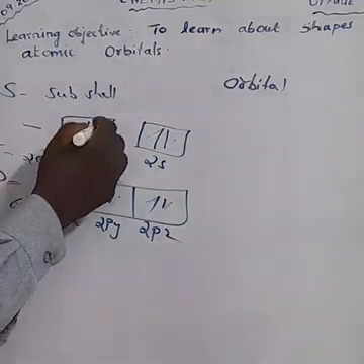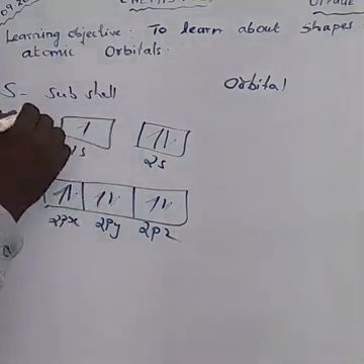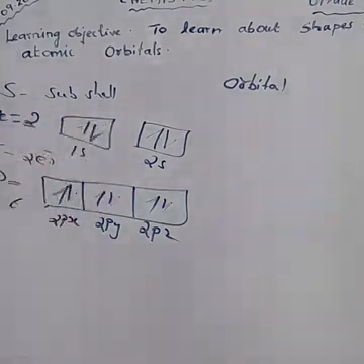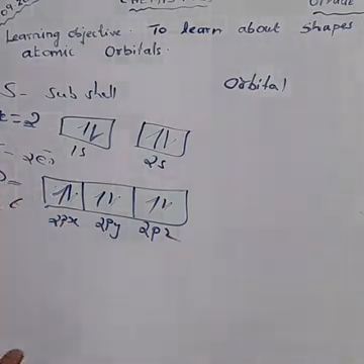Suppose for example, helium: atomic number is 2. So we can accommodate 2 electrons in 1s. These are the examples, and there is also a lot of theory. How can you accommodate the electron in a subshell?